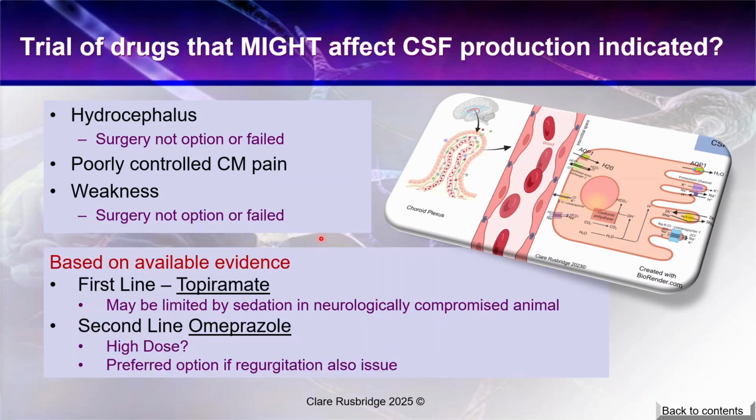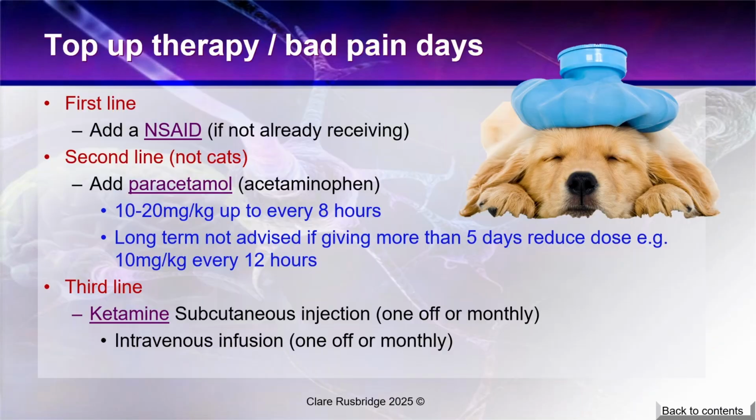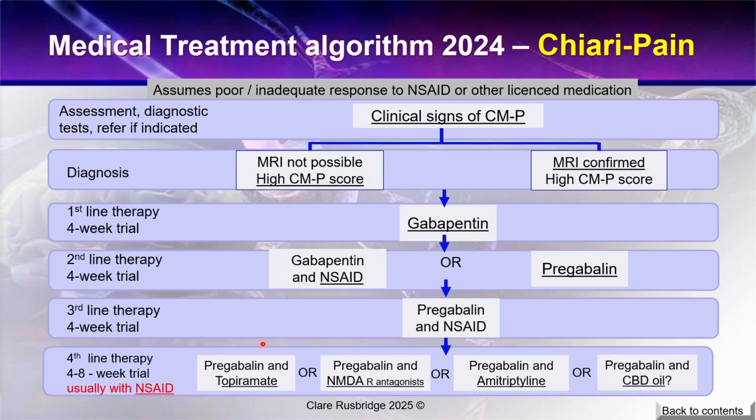So based on available evidence, the first line of drugs that might affect CSF production is topiramate, and that is why it is my third line treatment way back here in this treatment algorithm.